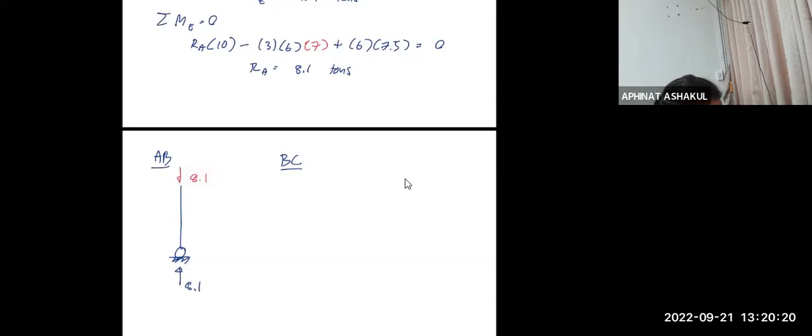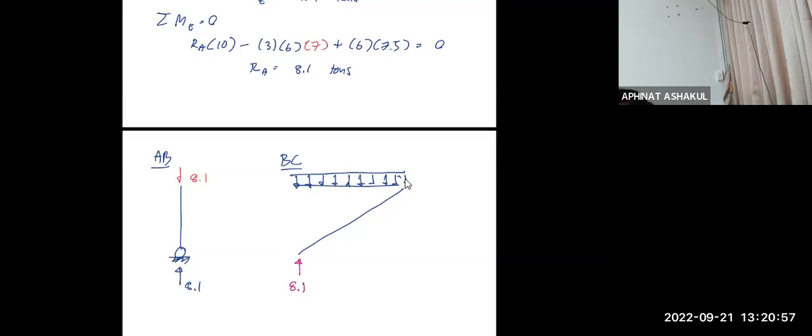But when you come down to member BC, that's where the problem begins. Because coming in from AB, you also have this 8.1. But this time, the load is like that. And as I say, we can't use this load to draw the shear force and bending moment diagram.